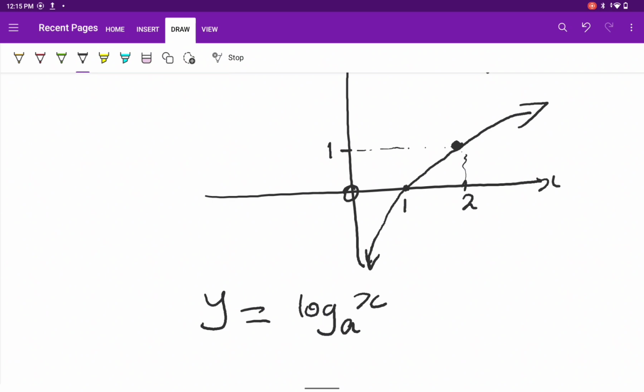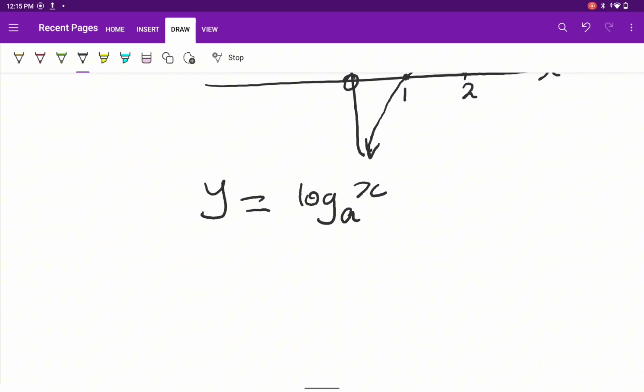Now if we look at this, we have a point where x is 2 and y is 1. So we are going to substitute that point on x and y so that we can calculate a. So now the y value is 1 and the x value is 2, and then we have base a.